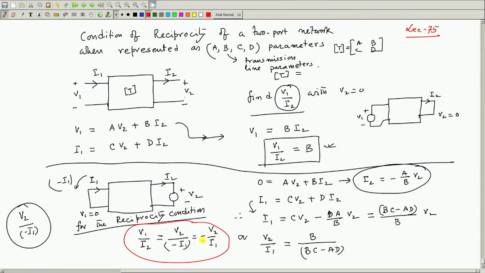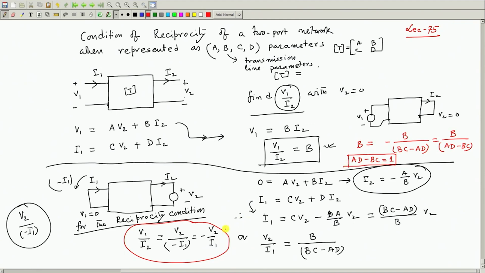Therefore, I will say V1 by I2, which is B, should be equal to minus V2 by I1, that is minus B by (B C minus A D), which means B by (A D minus B C). B goes, and I will say A D minus B C should be equal to 1, that is the condition.